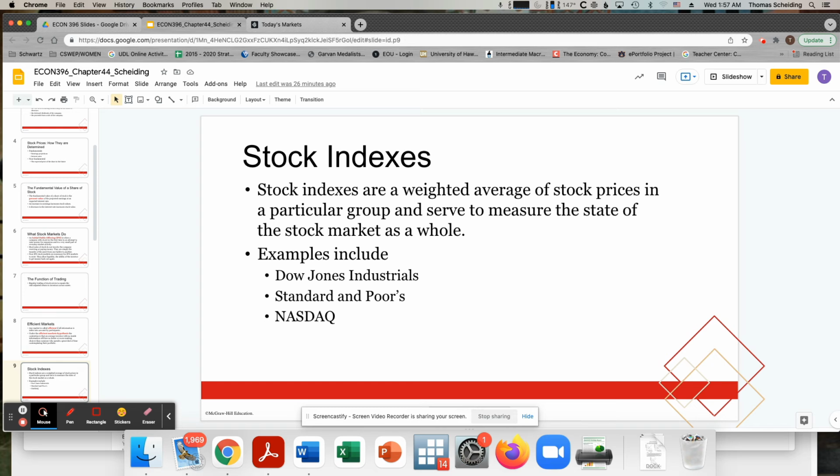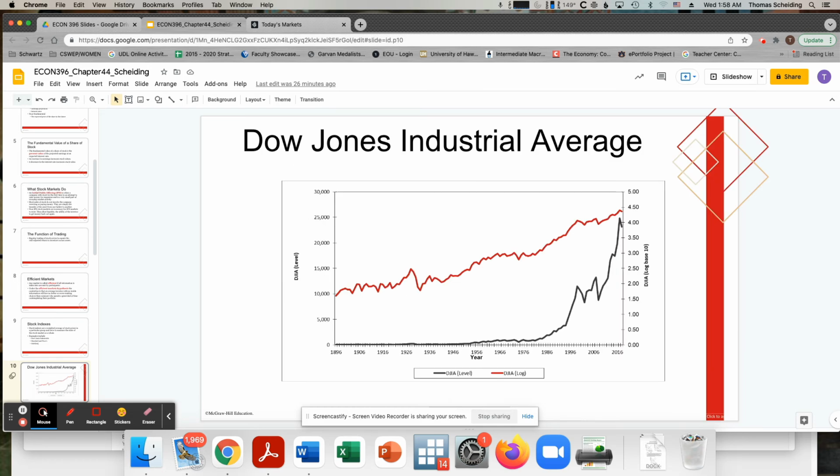But for something like the Dow Jones and Nasdaq, they're generally dominated by just a few of the biggest companies, and those few big companies are going to greatly affect what the index value is going to be.